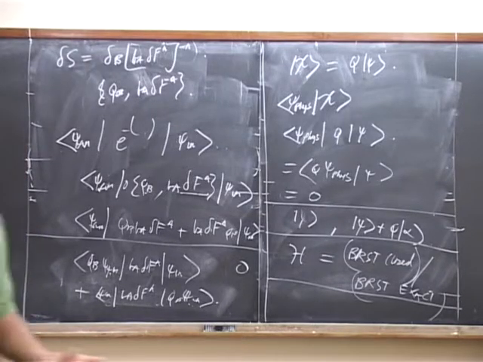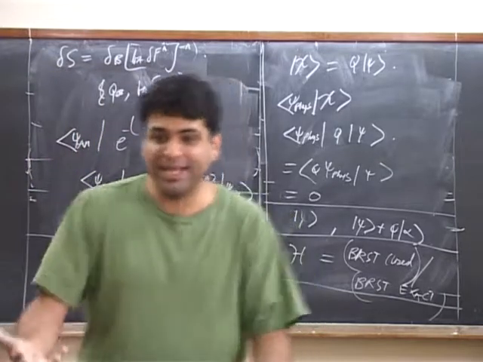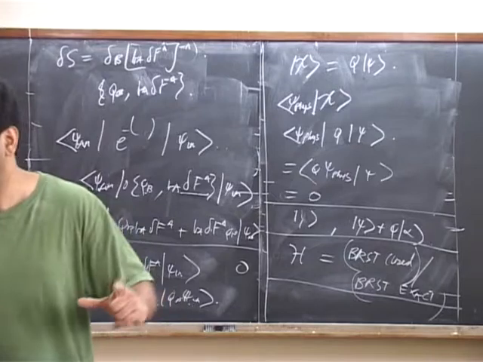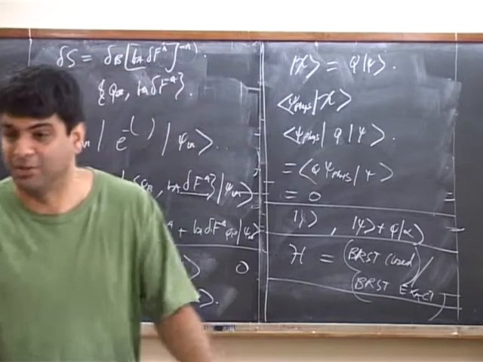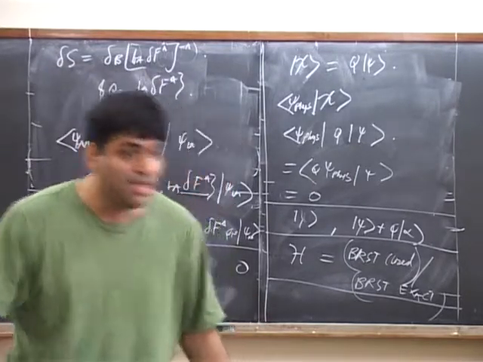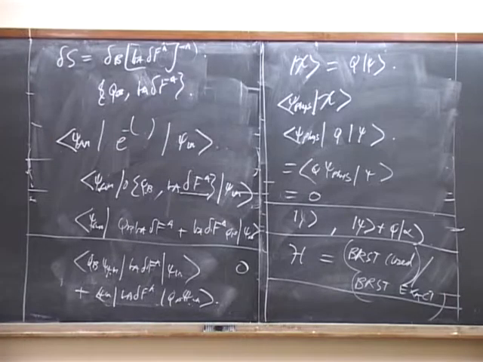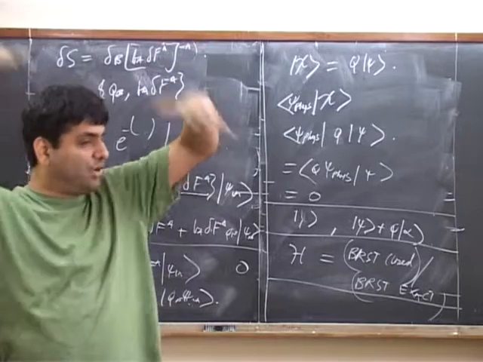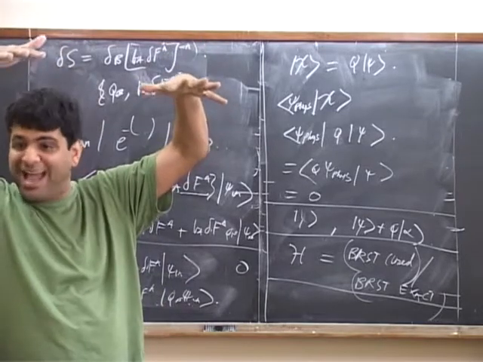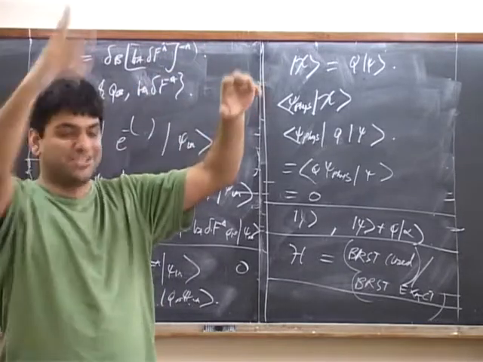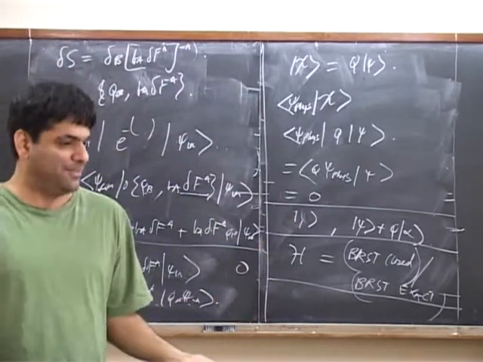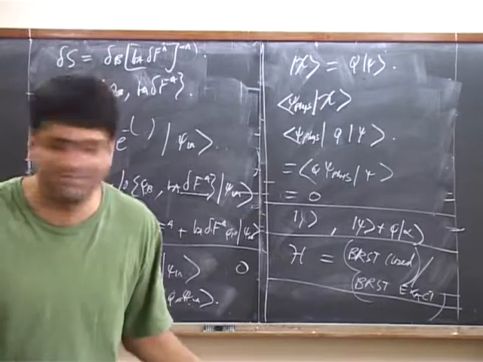Because it's BRST exact, once we identify the correct physical Hilbert space, namely the Hilbert space of BRST closed states and BRST closed operators, the two different Hamiltonians that you get by choosing one choice of gauge fixing parameter or the other are the same Hamiltonian, because they differ by a BRST exact term.